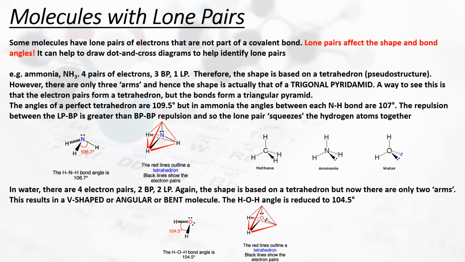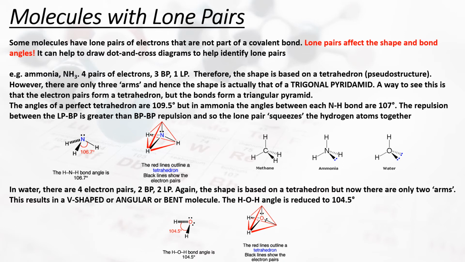And the shape is actually called something different. It's called a trigonal pyramidal shape. If you just looked at where the hydrogens are, they map out a triangle. But because this isn't a planar molecule, if you drew the shape it would look like a pyramid with a triangular base. So the electron pairs form a tetrahedron, but the bonds form a triangular pyramid.